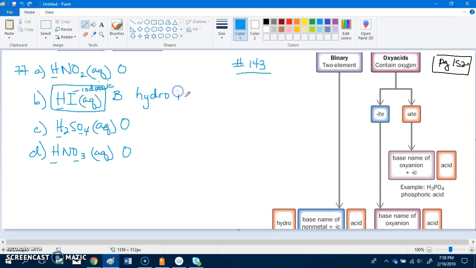So this is hydroiodic acid, with no space. Hydroiodic acid is this binary acid. Following that convention: hydro in front, then the base name, take off the INE and put in IC.